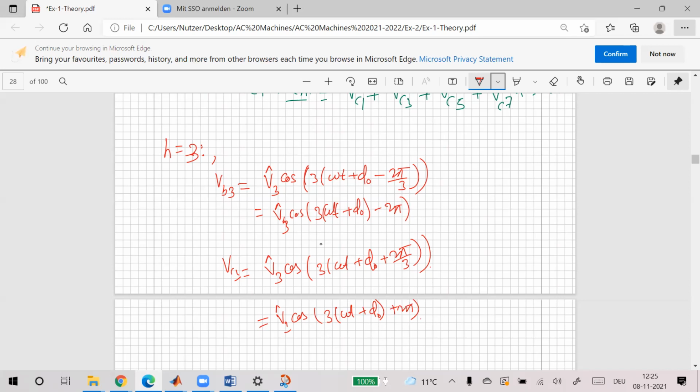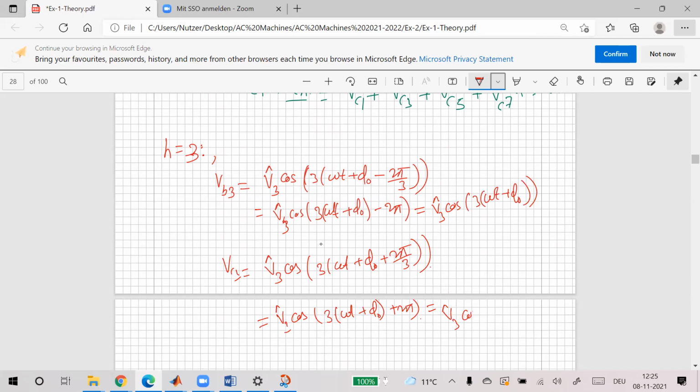Okay. And I think you can see that this is going to be the same as cos(3 omega t plus phi naught), right?